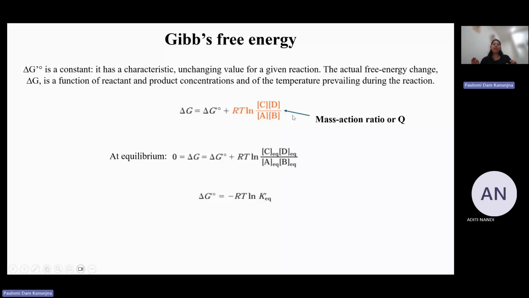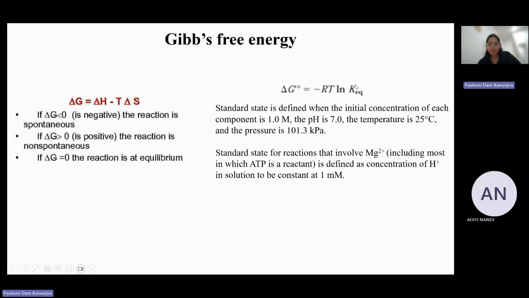So when you need to find out the delta G, that is the formula for figuring out delta G. What you are doing is delta G is equal to the standard transformed delta G plus RT ln product by reactant. Now, if you say at equilibrium, when you know that delta G is not changing, delta G is 0, then the equation that we did in the previous slide comes to form.